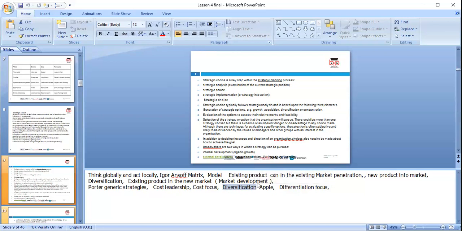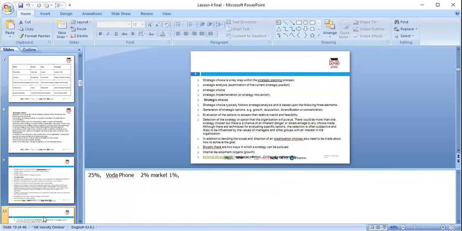Differentiation focus is narrow: maybe the color of your product is different from your competitor's. That's what we call differentiation focus, meaning narrowly different from your competitor. All phones, but only your color is different, not your functionality or software. Does it make sense?